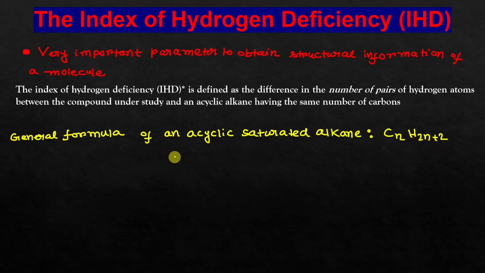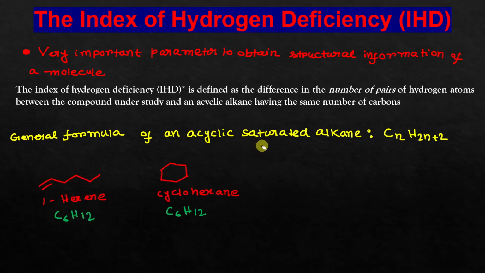As an example, the formula of ethane is C2H6, the formula of propane is C3H8. So you can see that the general formula of any acyclic saturated alkane is CnH2n+2.